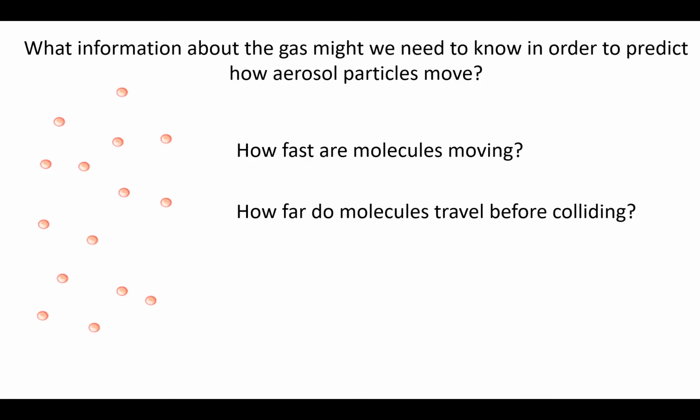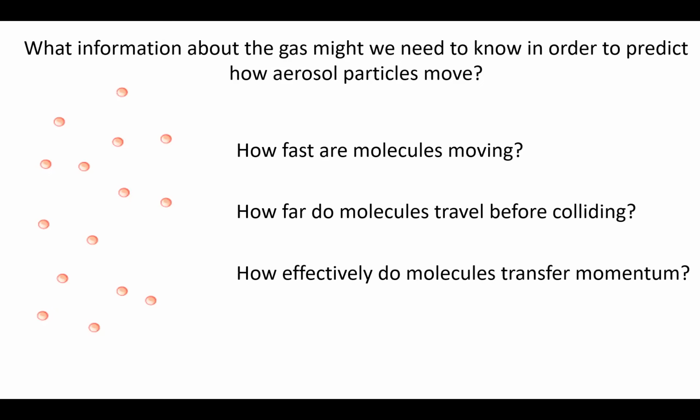We also need to know kind of how many billiard balls are on the table. How far can they travel before they collide is another way of saying that. How much empty space is there is maybe another way of thinking of it. If there is kind of more empty space or the molecules can travel further before they collide, then that will mean that the aerosol particles suspended in the gas phase will move in a different way than if the molecules are closer together, more crowded, they travel less far before colliding.